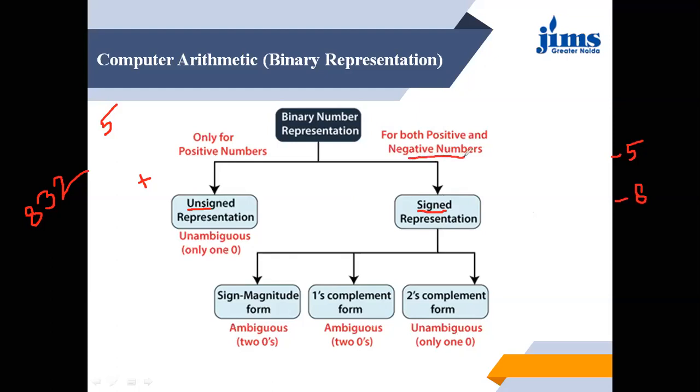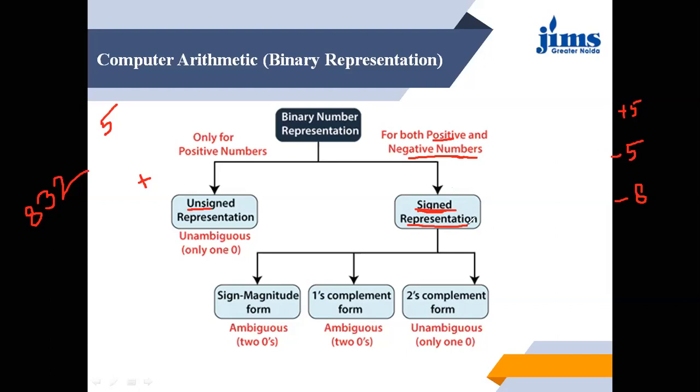If I want to represent a positive number here, I can write plus 5. It represents that my number is a positive number in the form of signed representation. It means in signed representation, we can represent a positive number as well as a negative number.